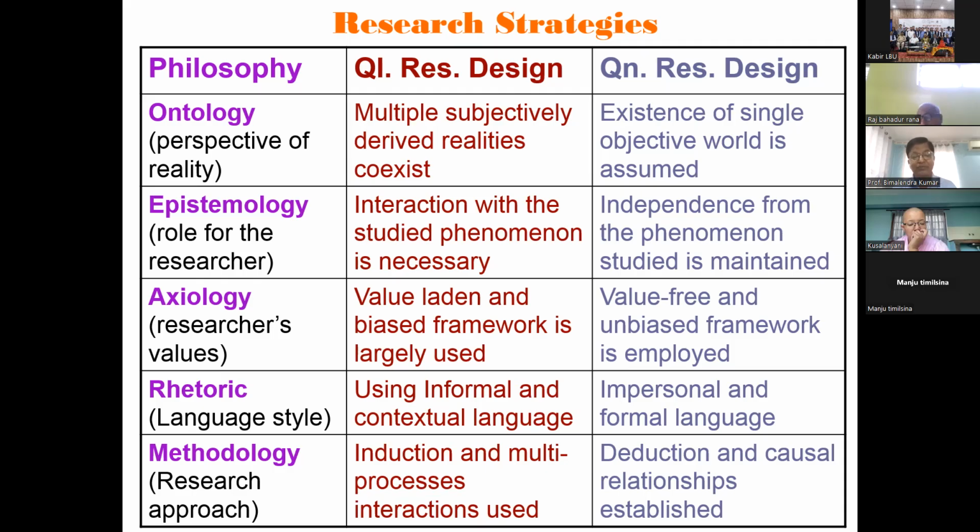Then in the case of methodology, what is the approach of the research? Methodology is a tool or technique through which research is undertaken by a research scholar. In qualitative research, induction and multiple process interactions are used, as we saw in the first case of ontology, where multiple subjectively derived realities coexist.